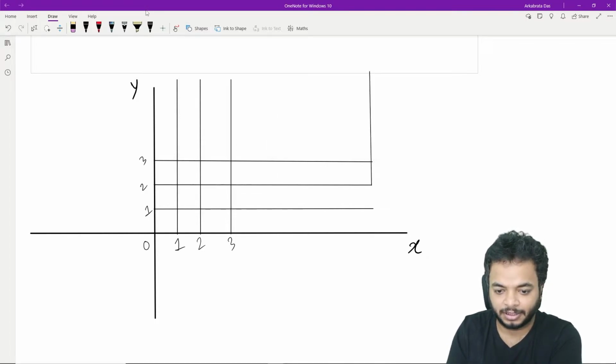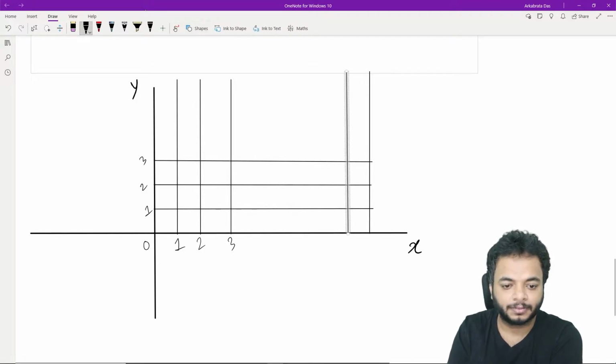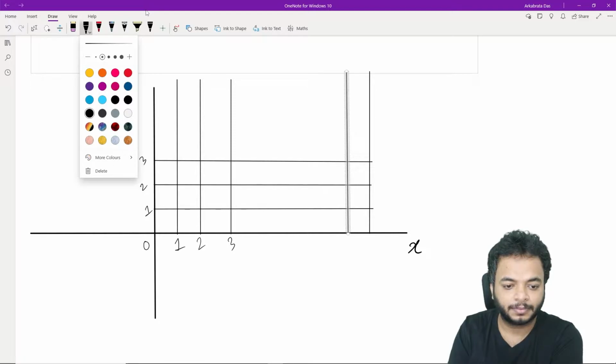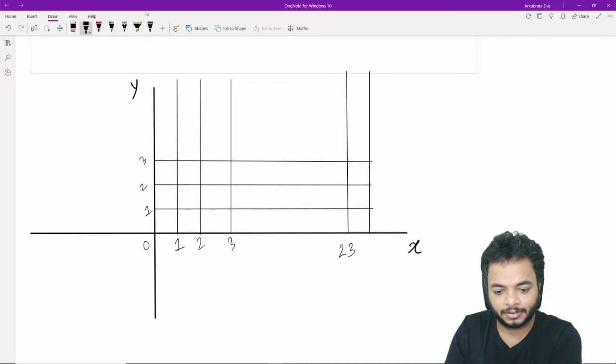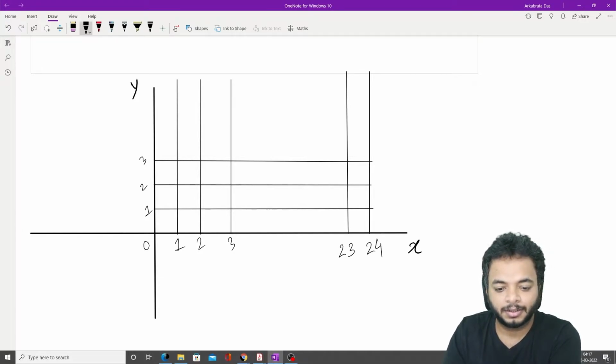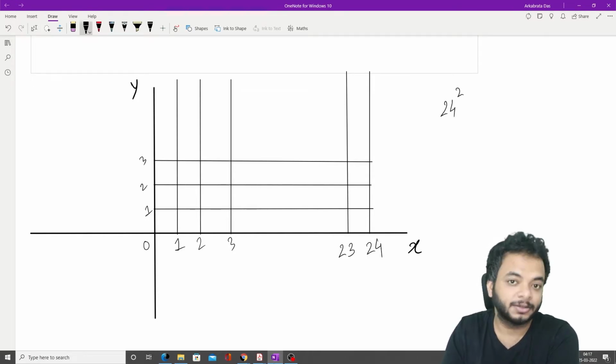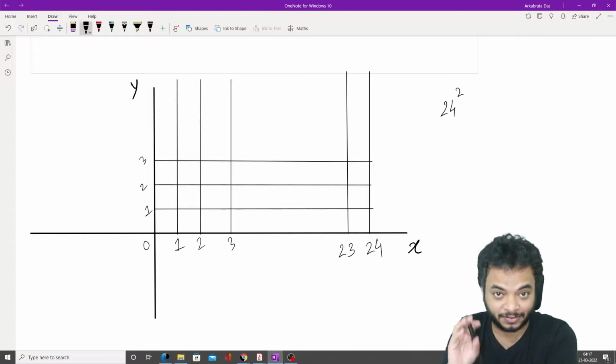Suppose till the last one, 24. Now suppose this is 23 and this is 24. Now you see that there would be in total 24 squares, unit squares, I mean small.